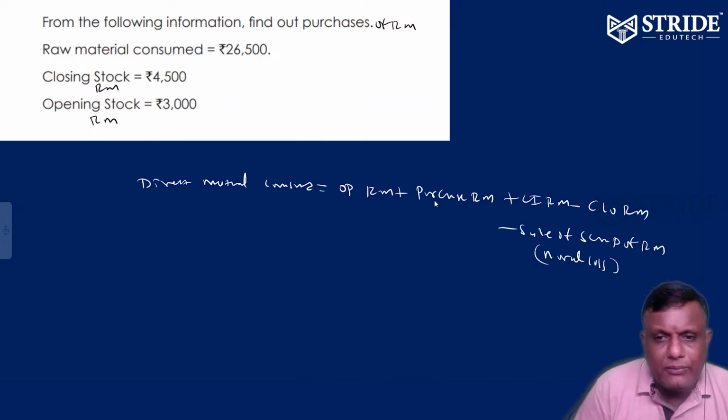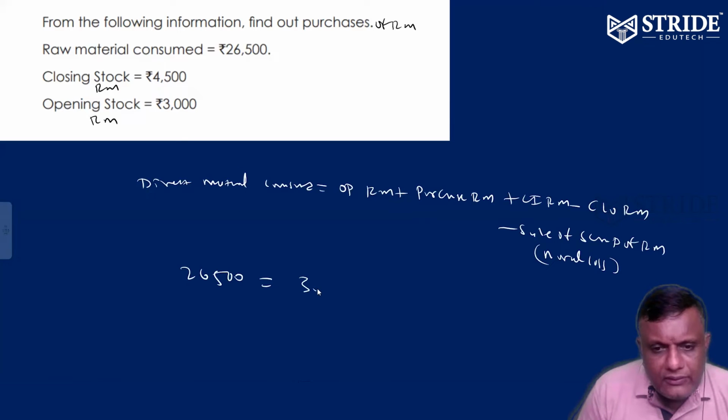That's the formula. Please memorize the first part. So direct material consumed, raw material consumed, 26,500 rupees is given. Opening raw material 3,000 is given. Plus purchase of raw material. That is what you have to find out.